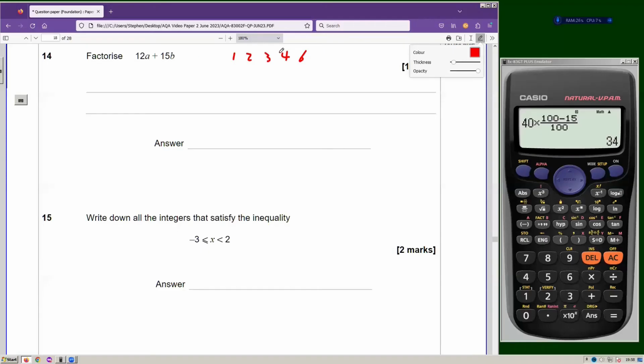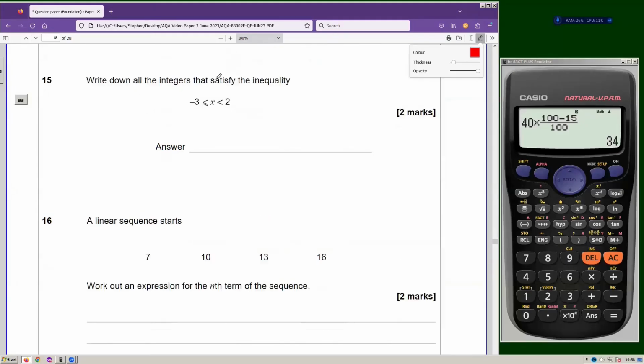The 3 is also a common factor of 15, so I could take a common factor out. 3, actually I could put the answer straight in here. 3, and then 3 goes into 12, 4 times, 4a, and 3 into 15 is 5b, isn't it? So that's the only factorization that can be done.